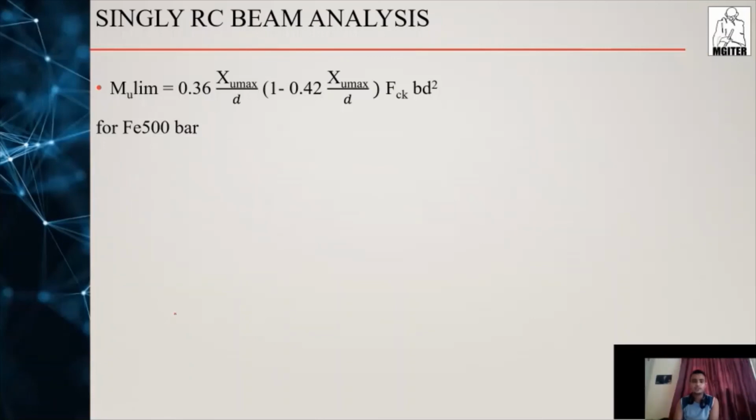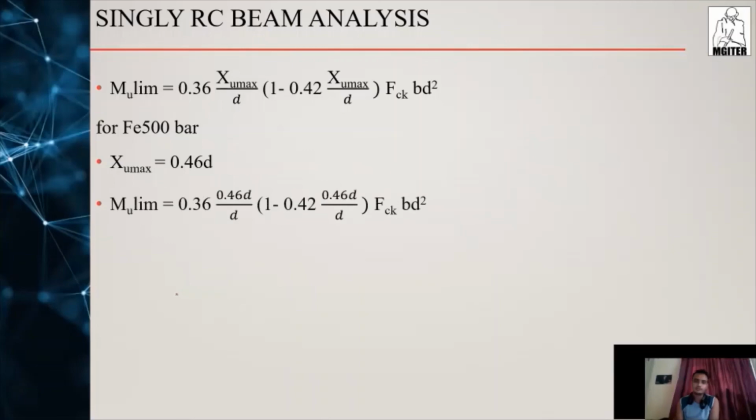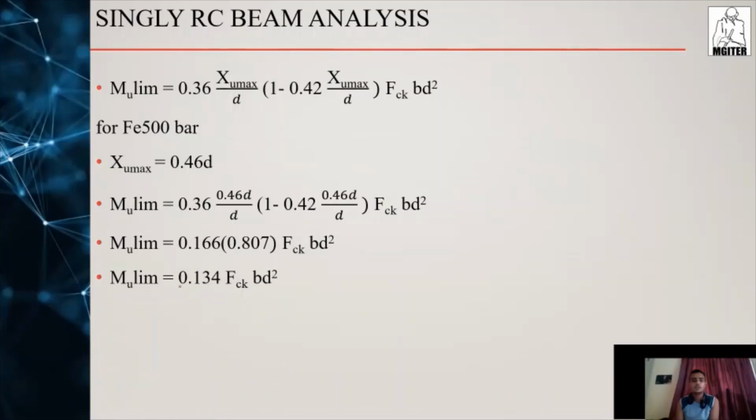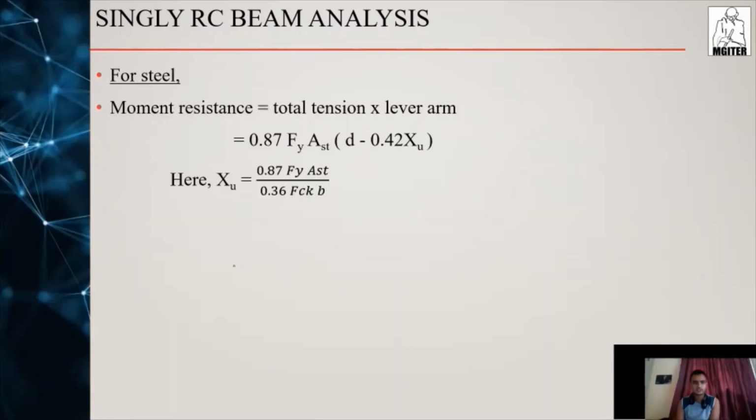And for Fe500, xu max is 0.46 d. Provide 0.46 d in the equation, and after simplifying we get the value 0.133 fck b d square. These are all the equations.